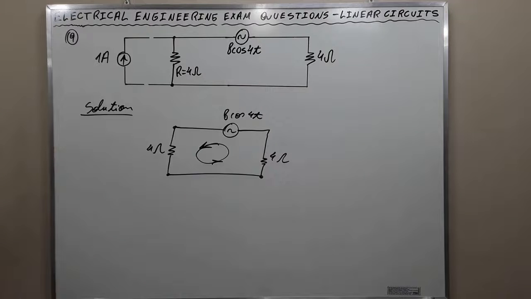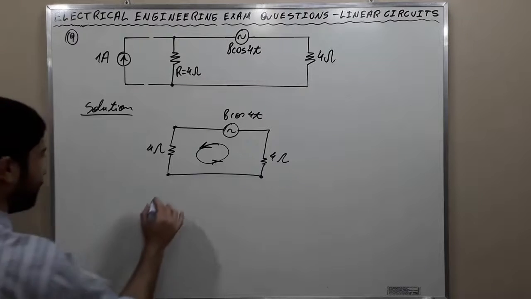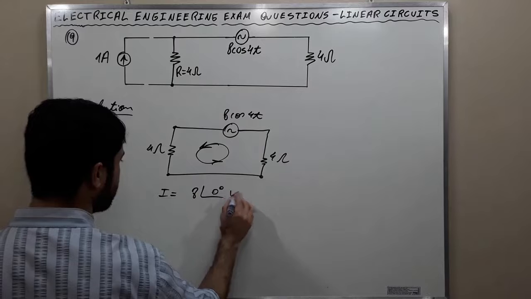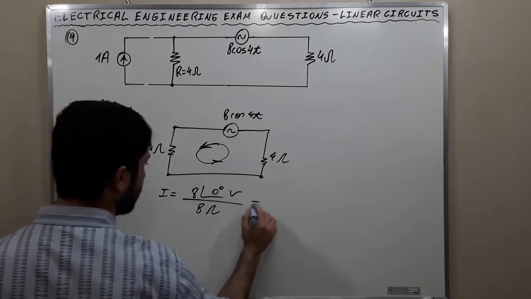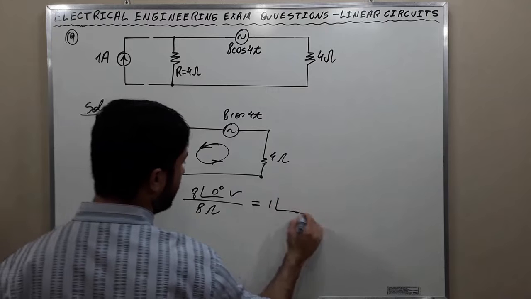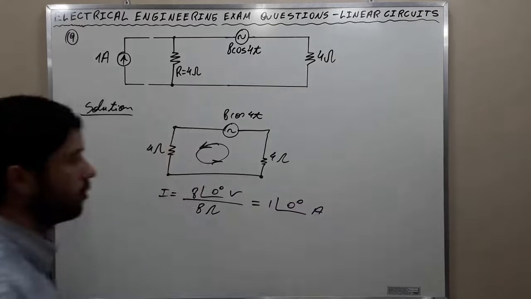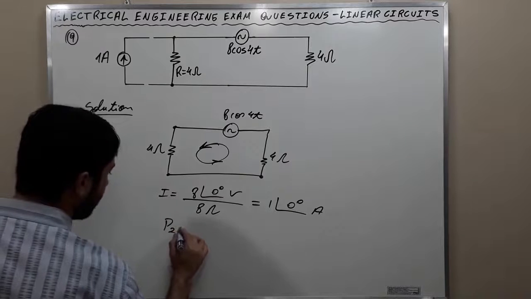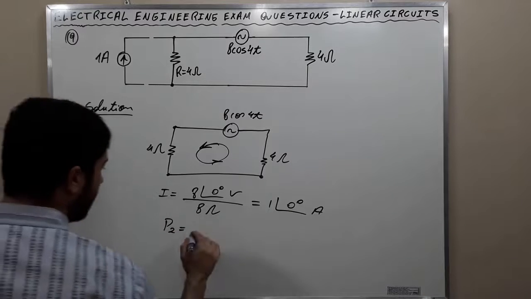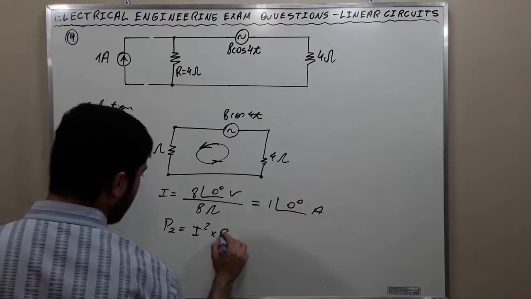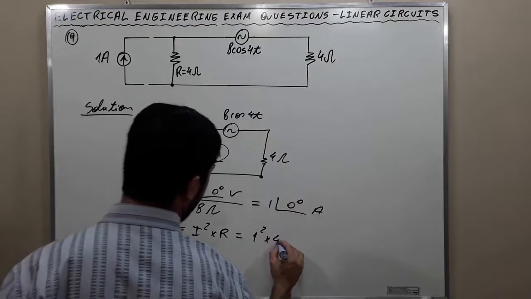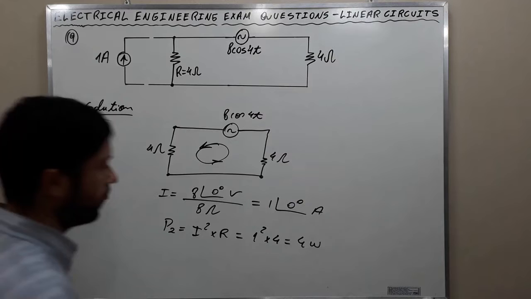All right, and the magnitude of the current is going to be 1 ampere or 1 amp phase 0 degrees. Okay, and the power, I call it P2, is the current squared times the resistance, and it is 1 squared times 4, which is 4 watts.